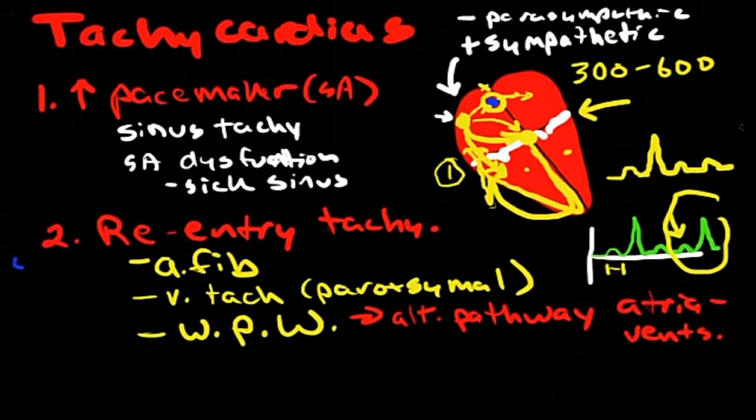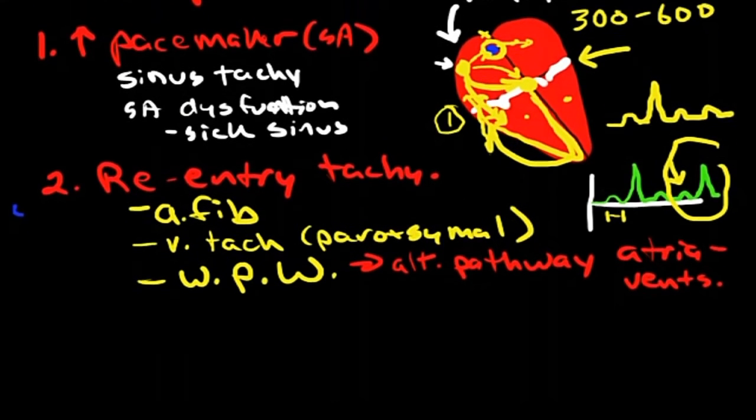Okay, so that's Wolff-Parkinson-White, and sometimes there's premature atrial contractions every now and then, or it can lead to tachyarrhythmias if the ventricles are depolarizing the atria with every heartbeat. Okay, so that's reentry tachycardias.